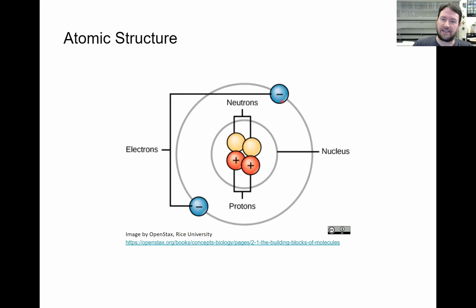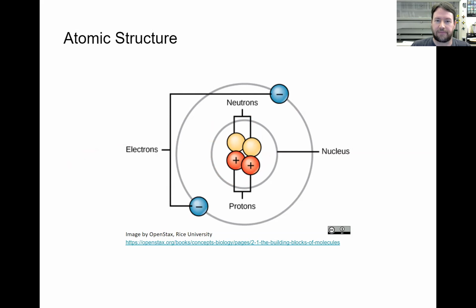And then the electrons that are zooming around in these shells of energy surrounding the nucleus have a negative charge and a negligible mass. They actually do have a little bit of mass. It's maybe 2,000 times smaller than a proton or a neutron, roughly. But for our purposes, we can ignore that mass. So that's the structure of an atom.